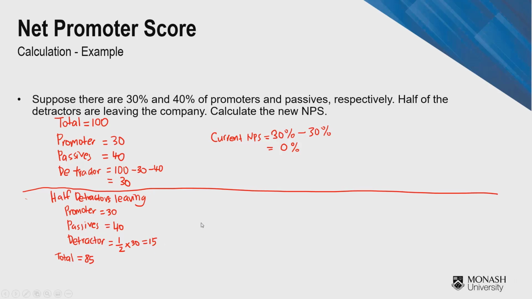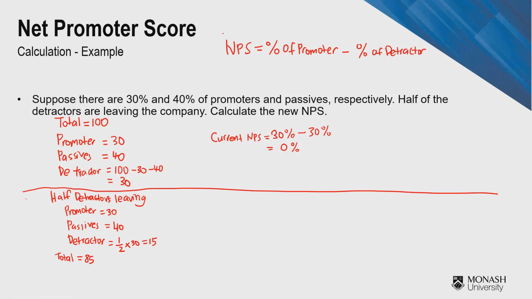So how do you actually calculate NPS? Well, we need to convert this into percentages. Remember, I'm just going to write it on top, your NPS formula equals the percentage of promoters minus the percentage of detractors.